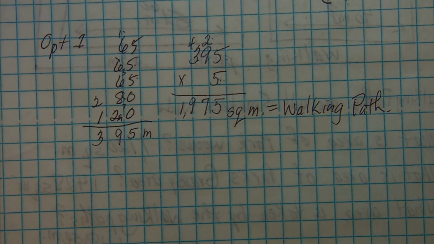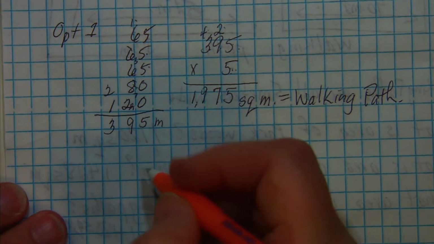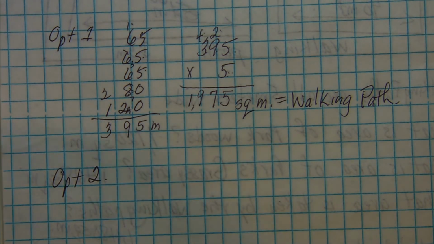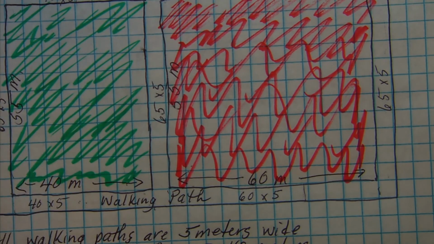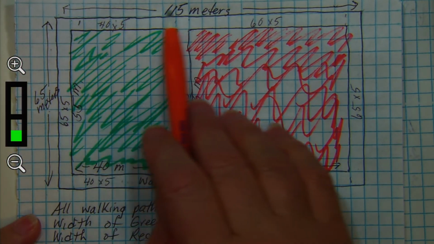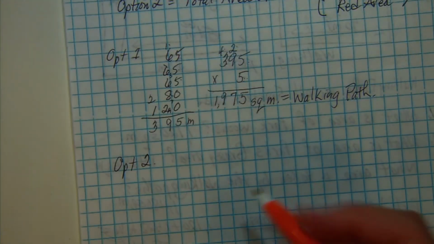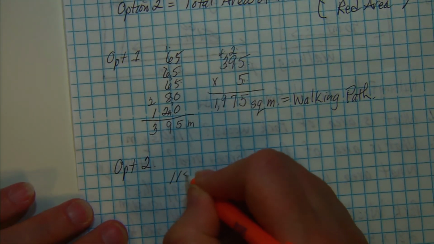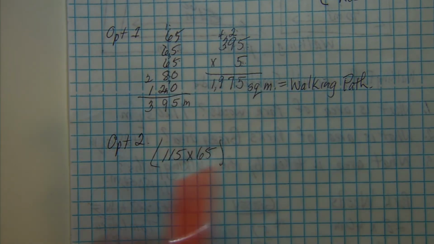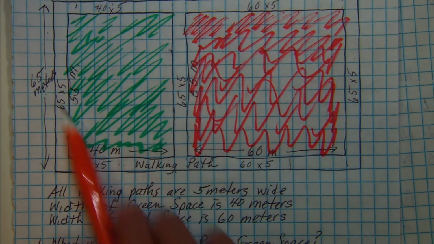I want to show you, though, option 2, which in my mind, again, I think is the most efficient way. Option 2 is taking this diagram and doing the whole rectangle. 115 times 65, and let's put that in there. 115 times 65, and that's the complete, the whole area of the whole park.